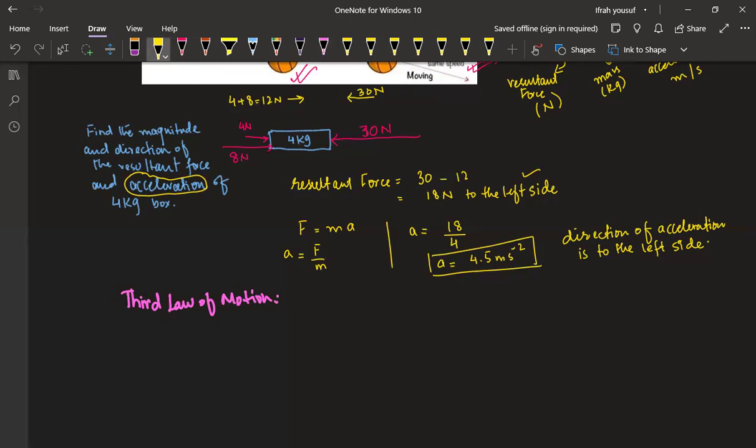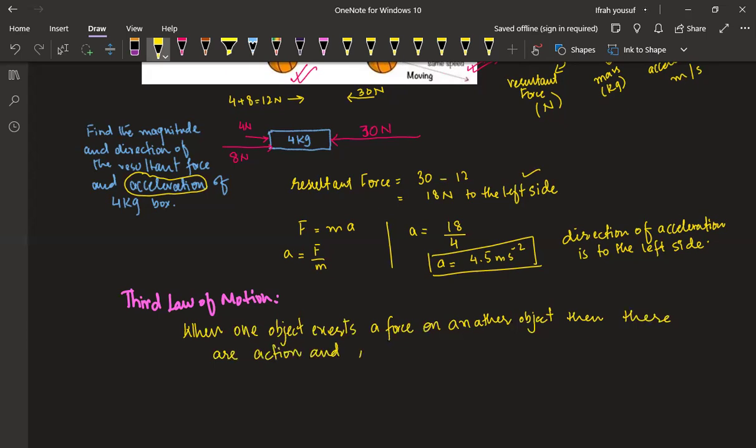So it states that when one object exerts a force on another object, then action and reaction take place.